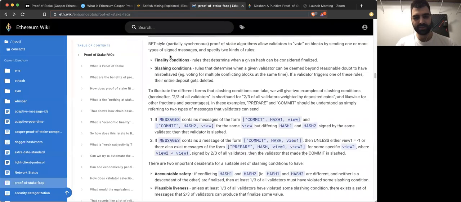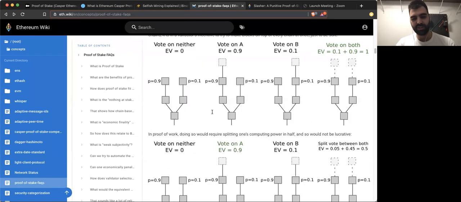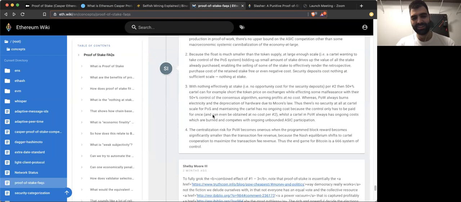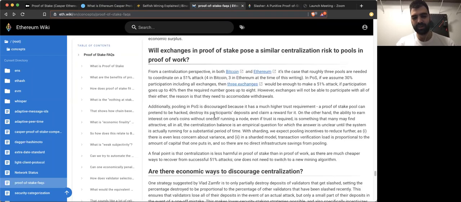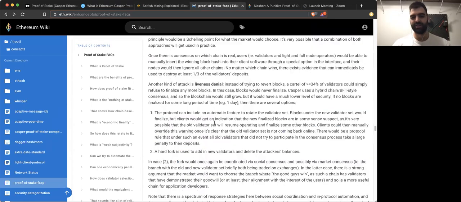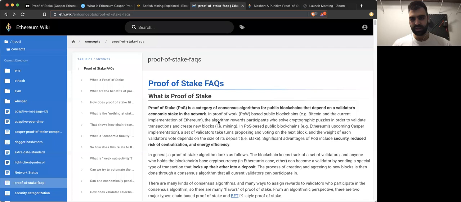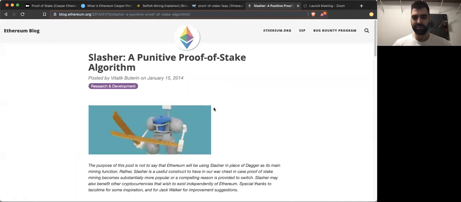I also read this FAQ on the Ethereum Wiki, which gives a lot of detail. It was just a bit too dense for me as a first go at really trying to understand proof of stake. I also looked at the protocol that we'll get into maybe.